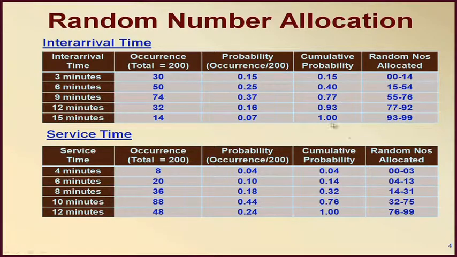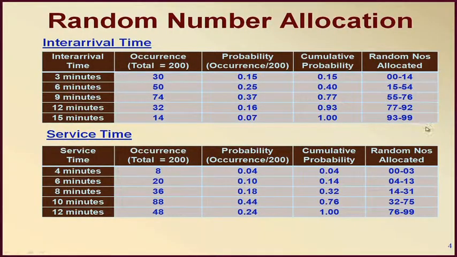Now, as I said in the previous example, we have 100 random numbers between 0 and 99. If we divide them, the 15% probability is obtained if we allocate 15 random numbers. Counting 00 also, 00 to 14 are the 15 random numbers which can be allocated to the first one.